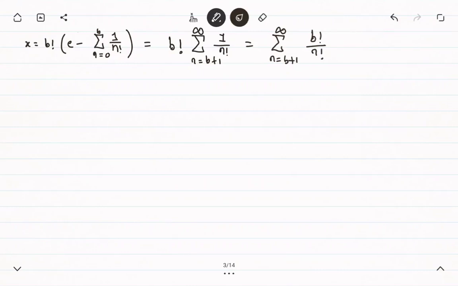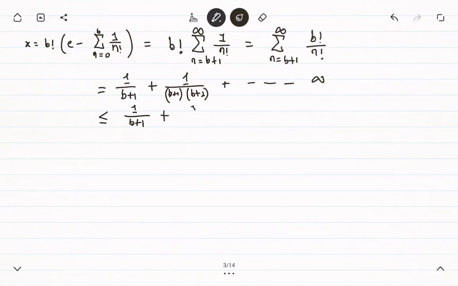Expanding this, we get 1 by b plus 1, plus 1 by b plus 1 times b plus 2, and so on up to infinity, which is obviously less than or equal to 1 by b plus 1 plus 1 by b plus 1 squared, and so on.